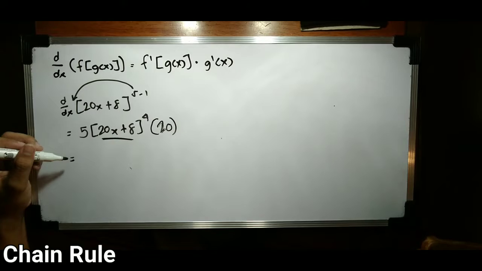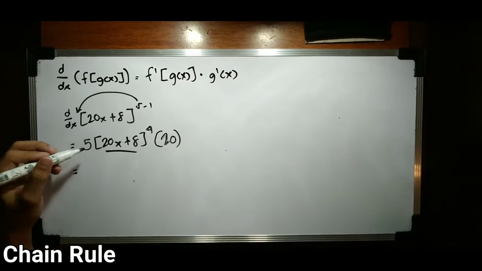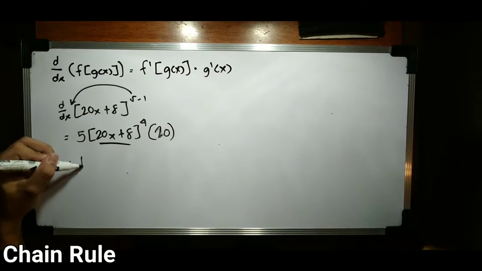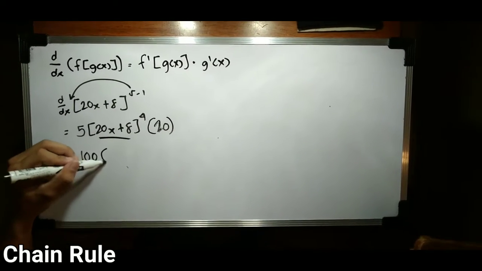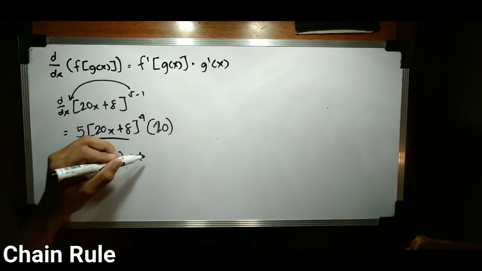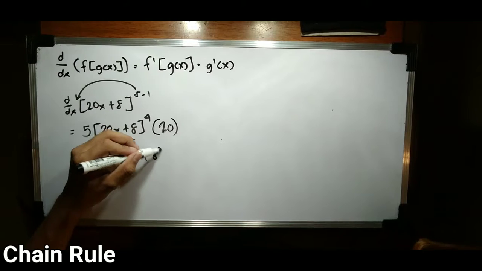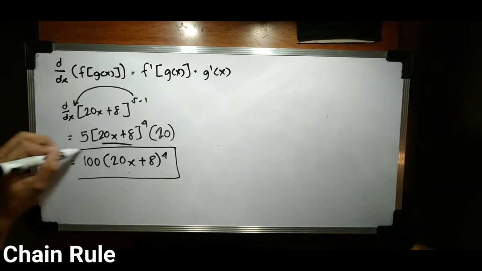Now we can simplify and multiply 5 and 20. So 5 times 20 is equal to 100. Then copy 20x plus 8 raised to 4. Now this is our final answer.